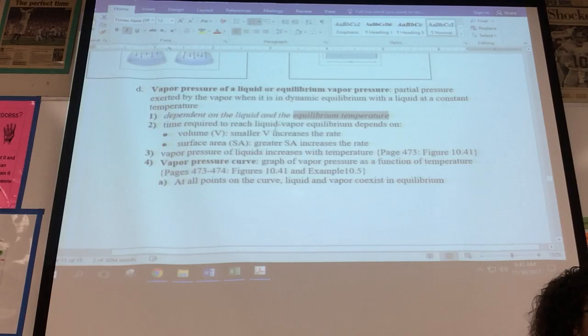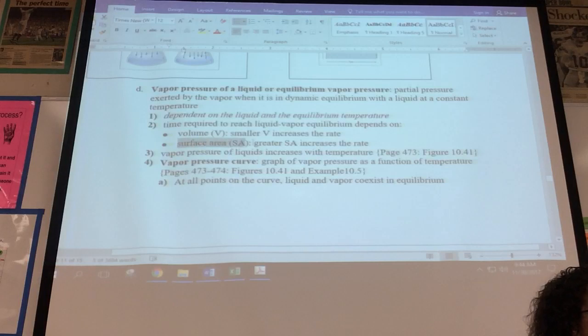The time it takes to reach equilibrium, that is, where the rates of condensation and vaporization are the same, is dependent on the volume. Smaller volumes will have an increased rate at which that equilibrium is reached, because you have fewer particles.